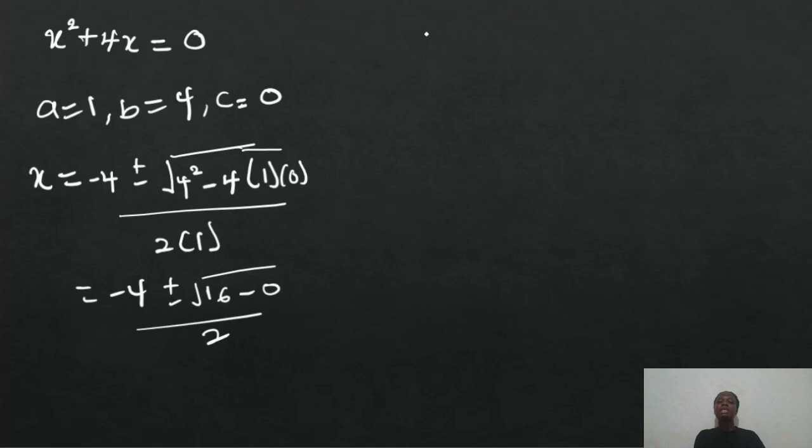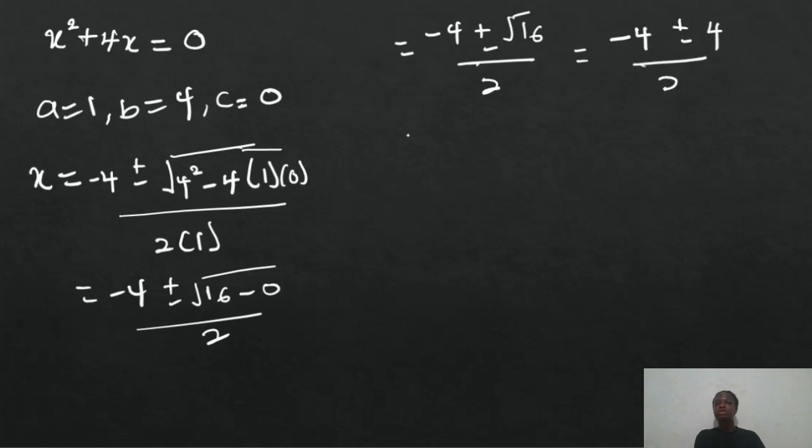So we get negative 4 plus or minus root of 16 minus 0, which is root of 16, all over 2. And then from here we get negative 4 plus or minus, root of 16 is 4, all over 2.